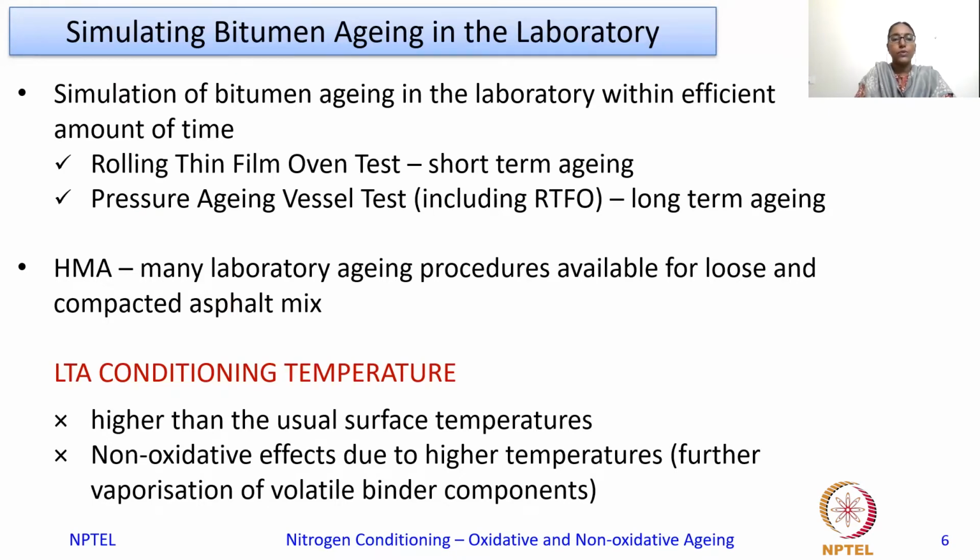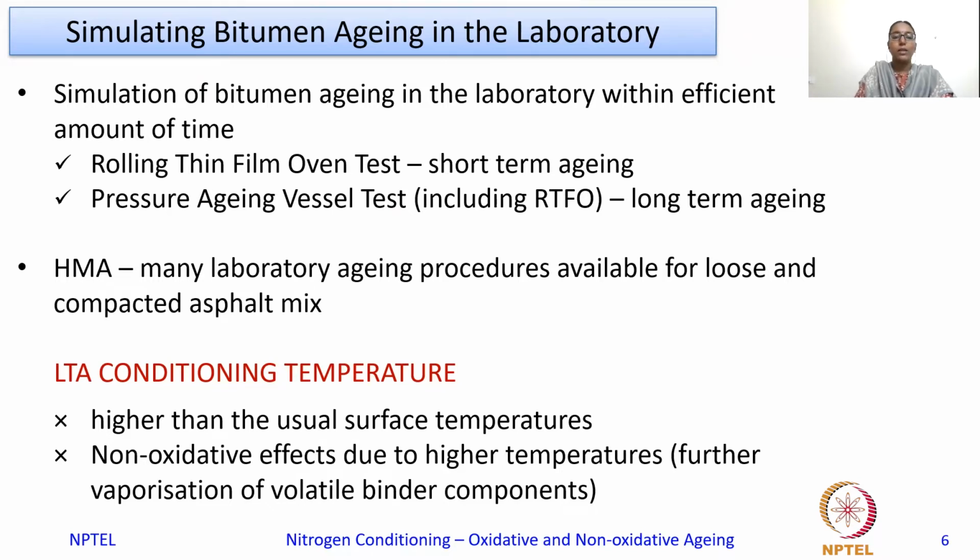All these processes depend on increasing the temperature or pressure of the sample, so that the aging that happens in the field over a period of time can be simulated within an efficient amount of time.